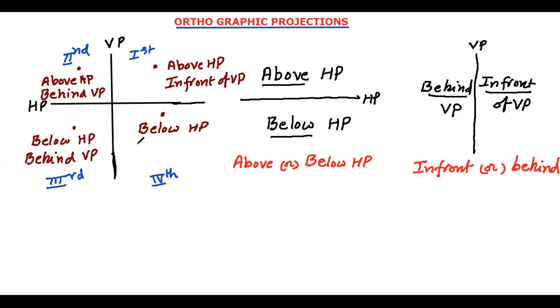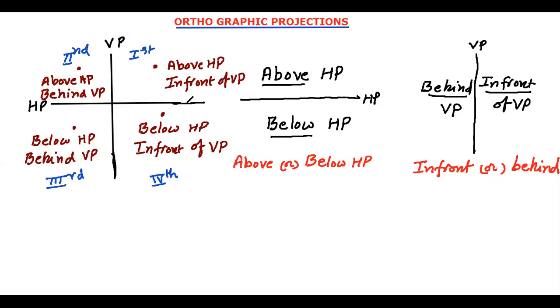In front of VP. So whenever a point lies below HP and in front of VP, then it is in the fourth quadrant. Or whenever a point lies in the fourth quadrant, it means that it is below HP and in front of VP.